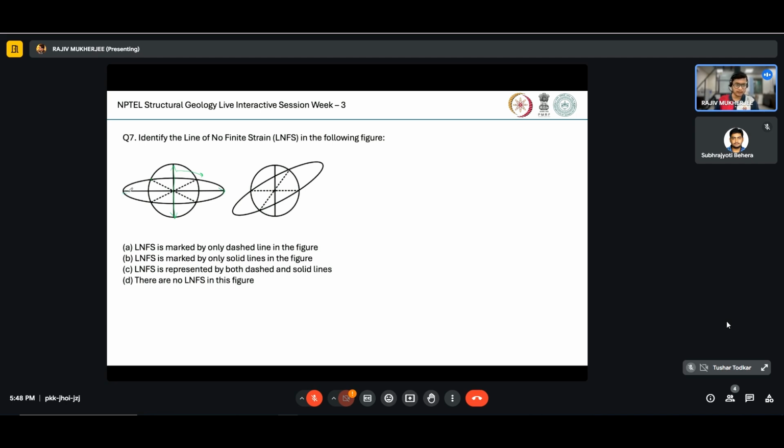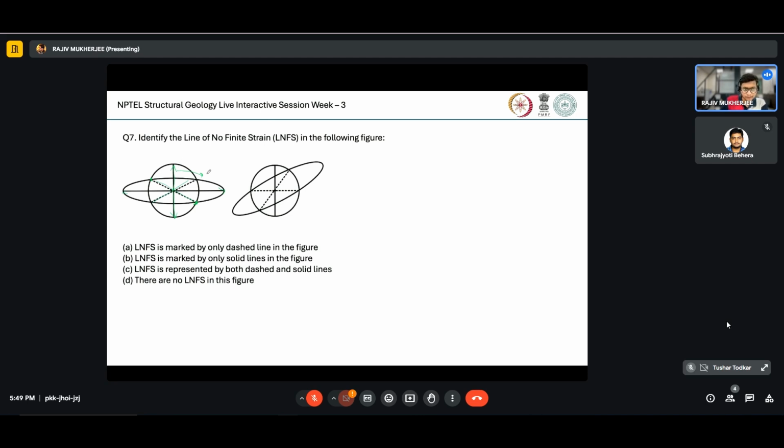And if we join the intersection points between the strain ellipse and the initial circle, we will get two lines through this point of intersection during progressive simple shear deformation.